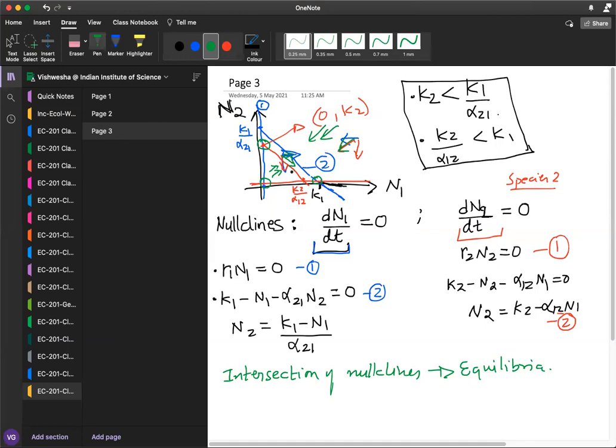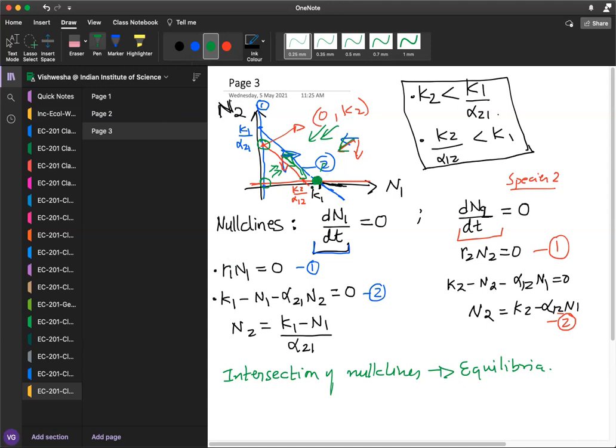So basically, if I'm here, I'm coming down. If I'm here, I'm going up. And if I'm in the intermediate region, there is a net push in this direction. What can we conclude from all of this? That this equilibrium is a stable equilibrium. This is unstable. This is unstable.